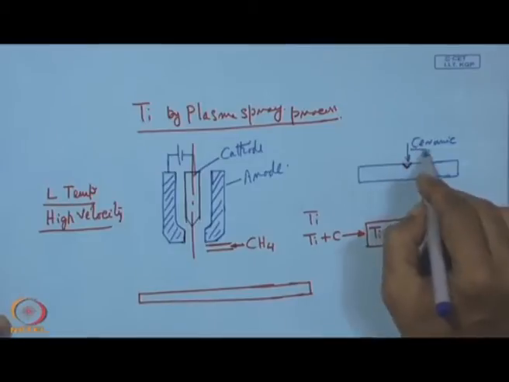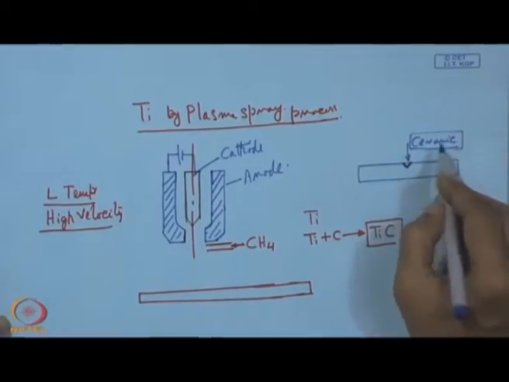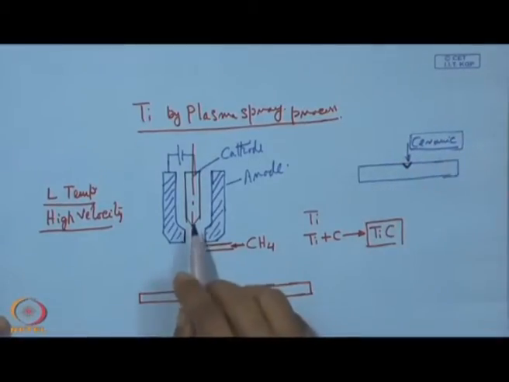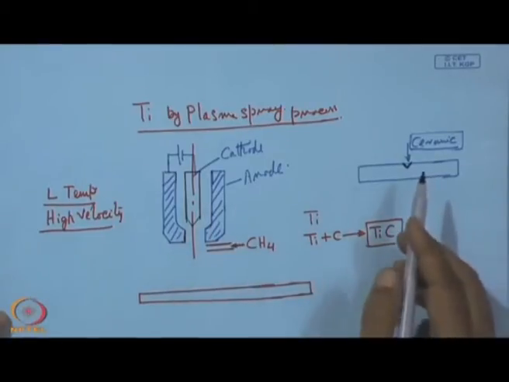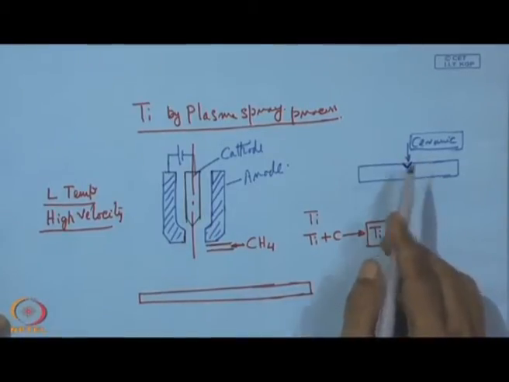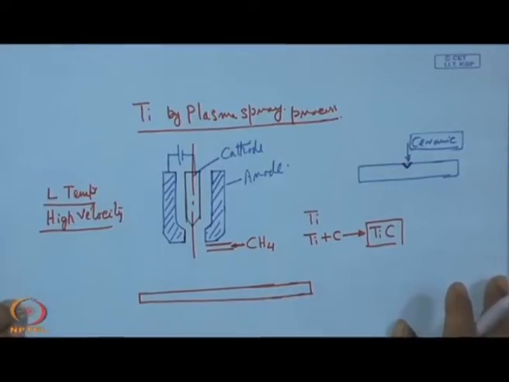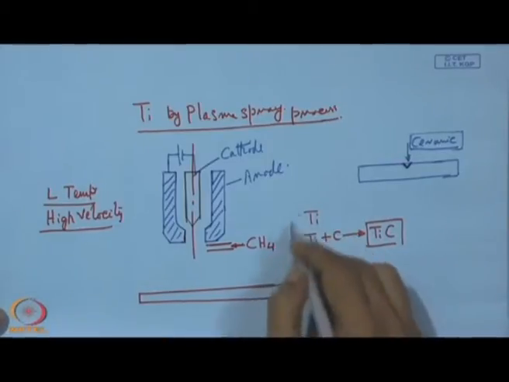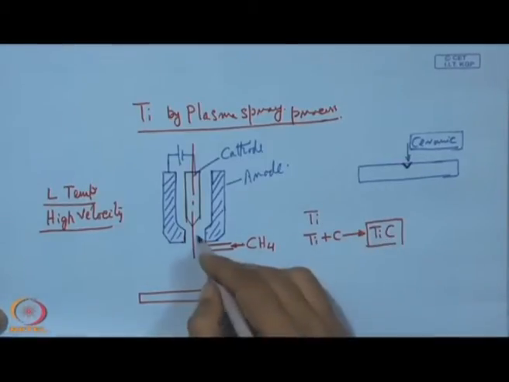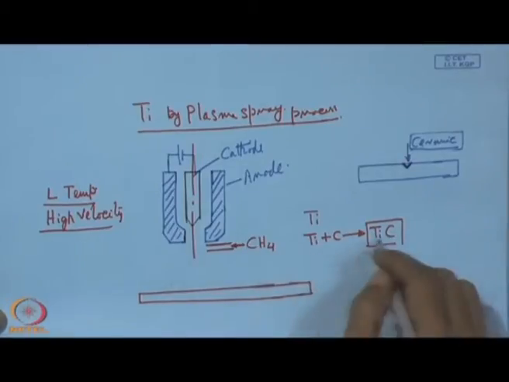So if we would like to deposit ceramic material, then the plasma process is a better choice compared to the detonation gun, and the detonation gun is used for soft material. This is one important thing one can also note. This is titanium carbide which is going to hit this surface, but here the velocity is not that high compared to the plasma.